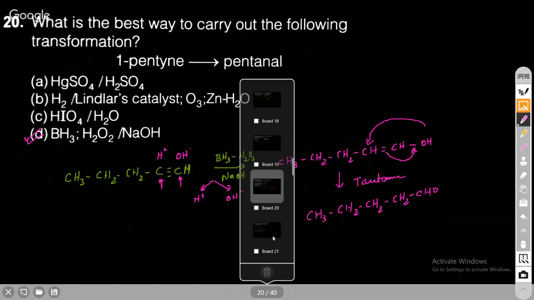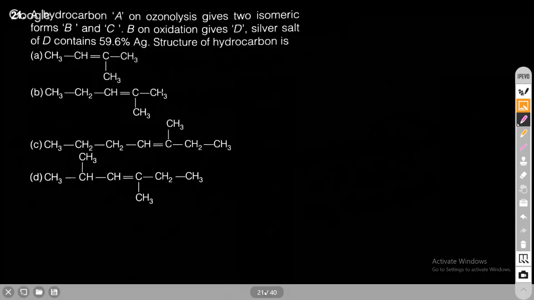Question number 21. Do this fast. This one is good.